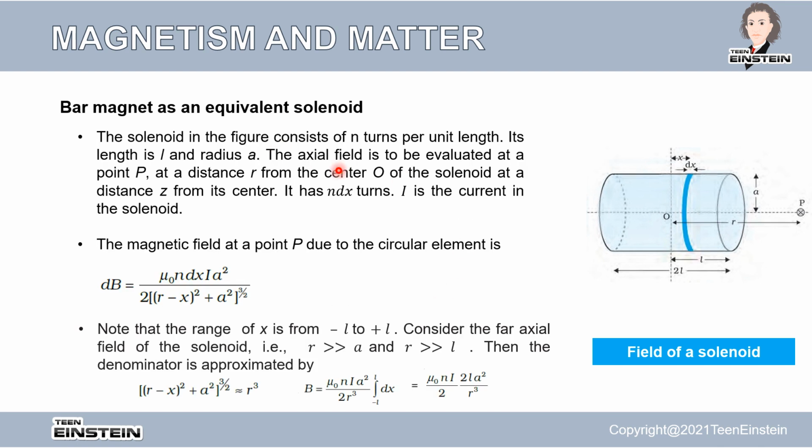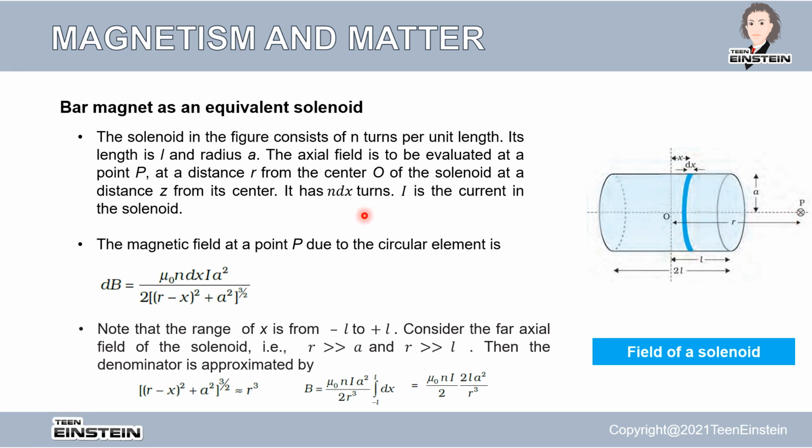The solenoid in the figure consists of n turns per unit length. Its length is L and radius is a. The axial field is to be evaluated at a point P, at a distance r from the center O of the solenoid. So this is the axis, and this is the distance r from the center.